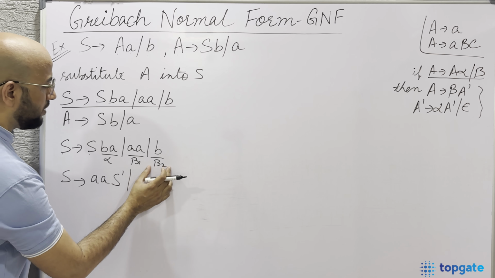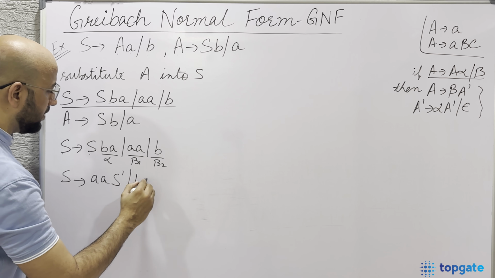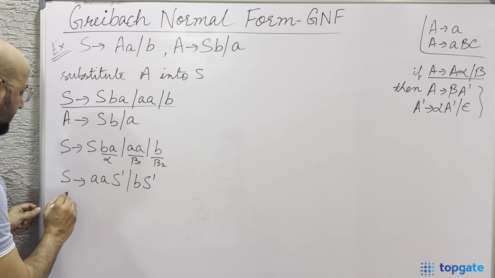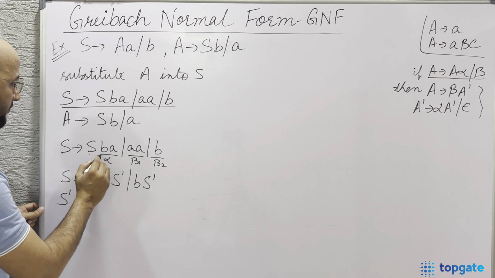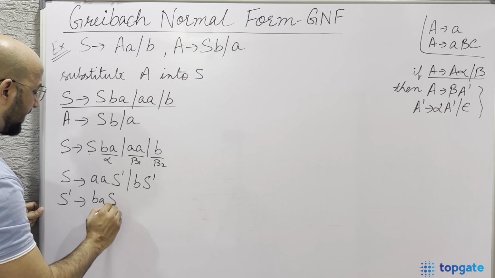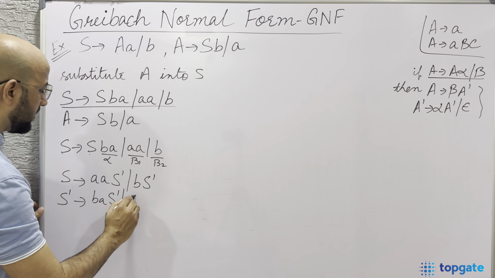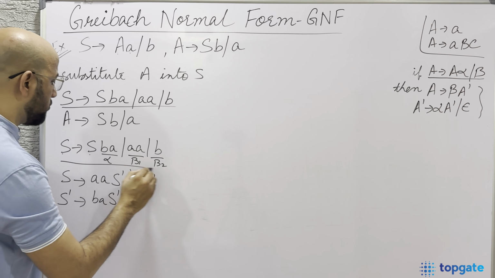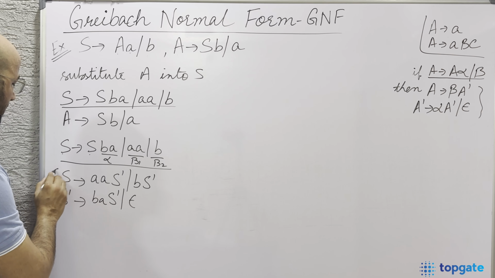Similarly, I'll take it for beta 2 also. That means B followed by a new variable S dash. And then I'll define S dash as alpha. What is alpha here? BA, and then S dash slash epsilon. Clear? That means this production rule is actually converted into this one.